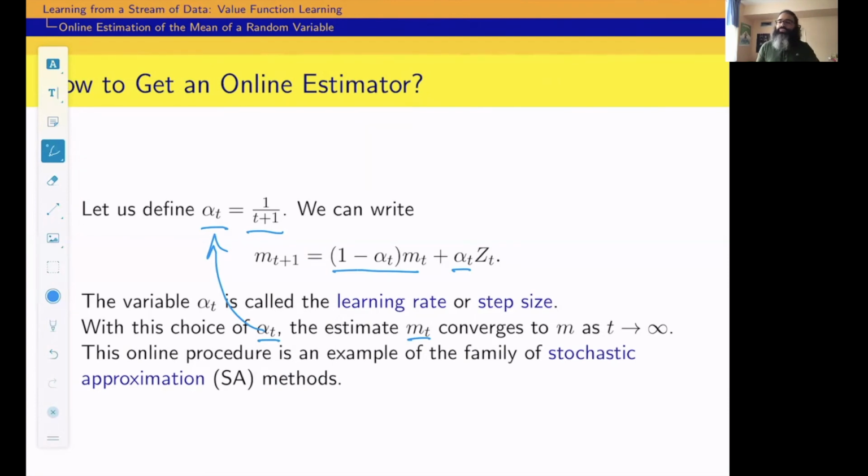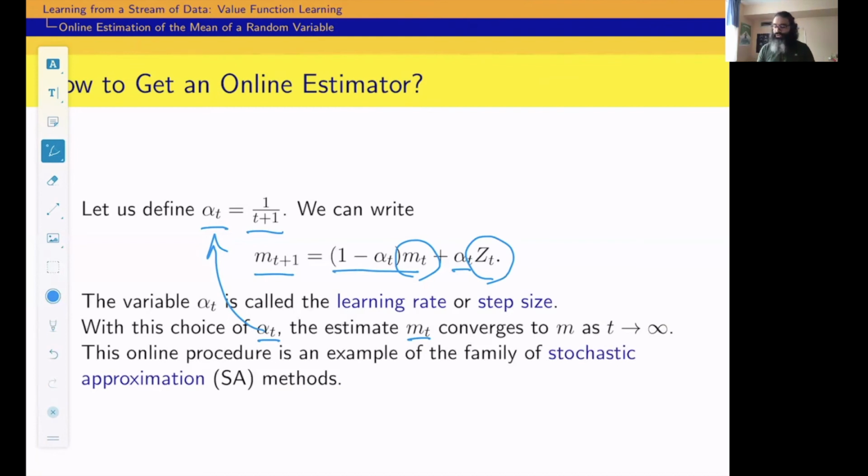This type of procedure, where we want to estimate something like the mean of a random variable but do it online, updating our new value based on the previous value and some noisy version of the truth that we want to find. So z_T is essentially a noisy version of the truth.